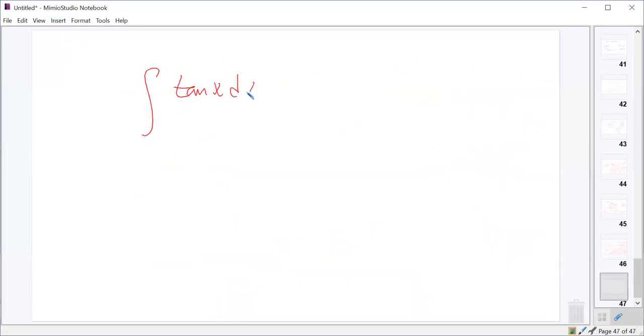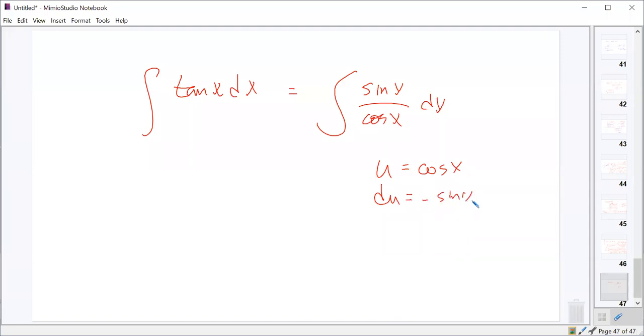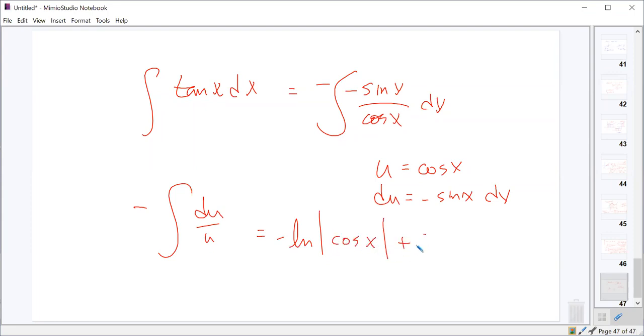If I ask you for the integral of tangent x, you need to do this as a u sub. So you'll write the integral of sine x over cosine x dx. And you'll let u equal cosine x, and du would be negative sine x dx. So you put in your negative and you get negative integral of du over u, and you get negative natural log absolute value of u, or negative natural log absolute value of cosine x plus your constant.